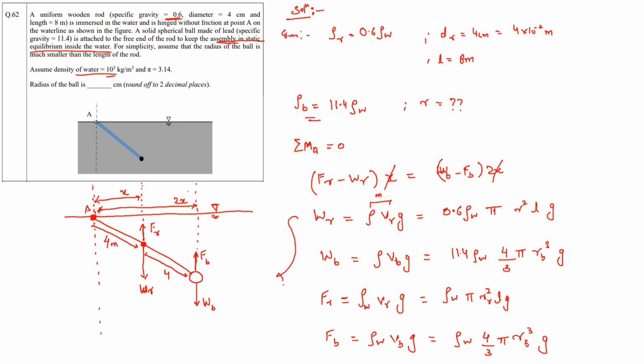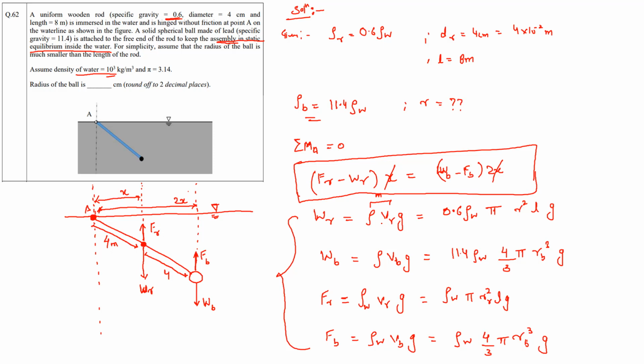So now you have all these four terms, and this equation we also found by balancing the moments at point A. All that is needed now is to substitute all these four terms here and find RB, because everything else is known to us.